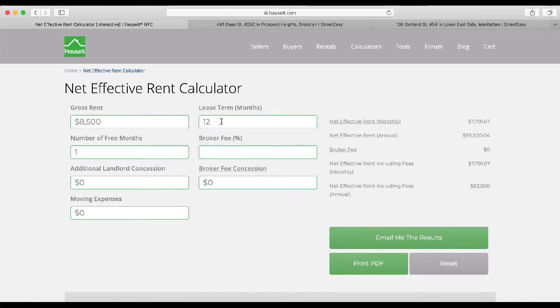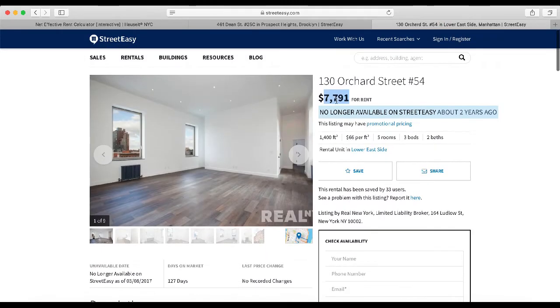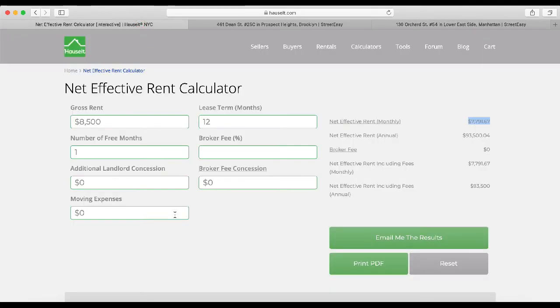Because if we use that as the lease term, we're getting that figure of $7,792 that we're seeing right here, or $7,791. So clearly in this case, this is a buyer beware situation, because the actual rent is literally wrong on the listing. So the calculator can help you cut to the chase and figure out what's going on here.